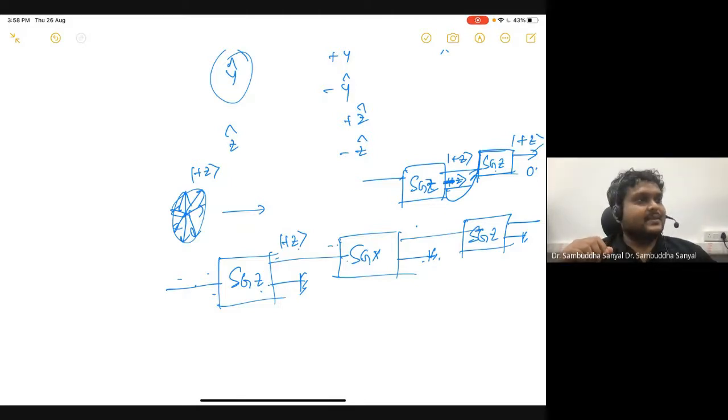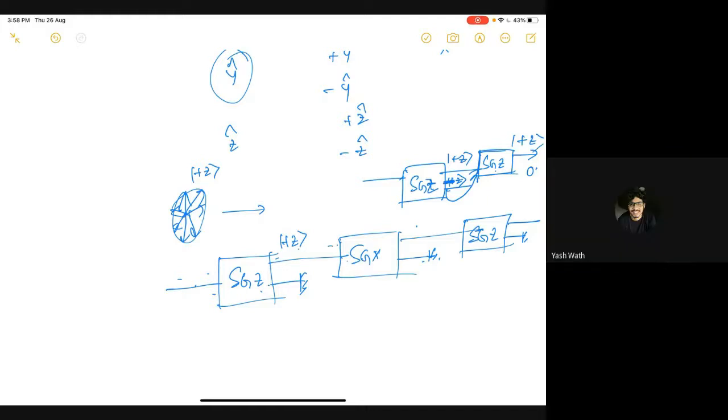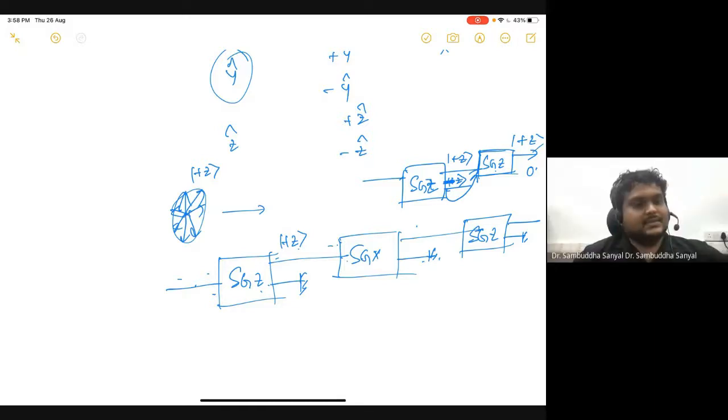So the fourth experiment, where is it? Basically, what you are observing is squared, but the superposition is in the roots.